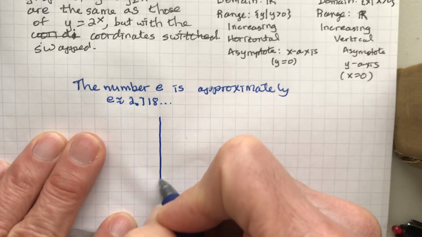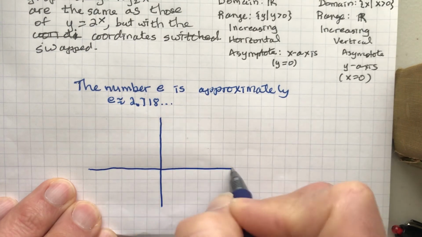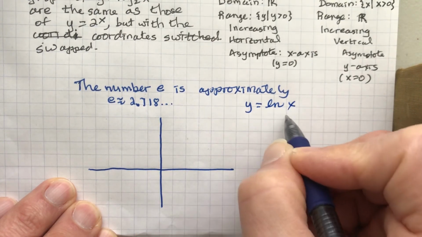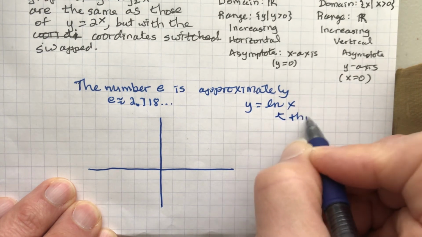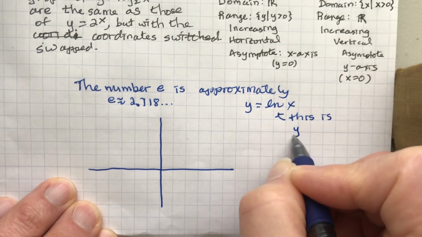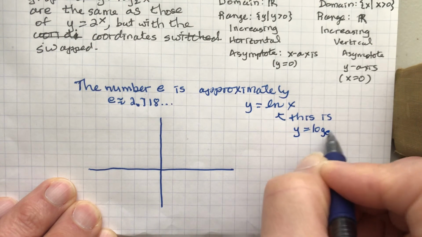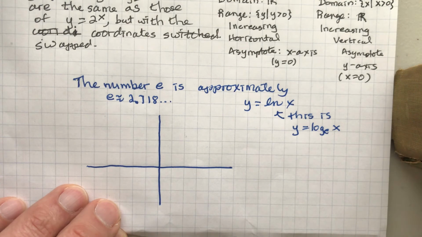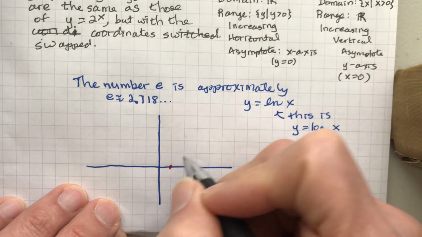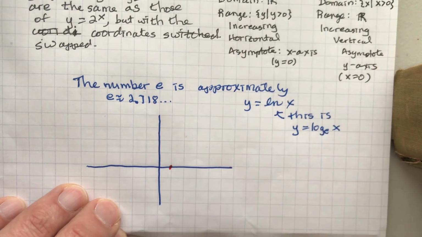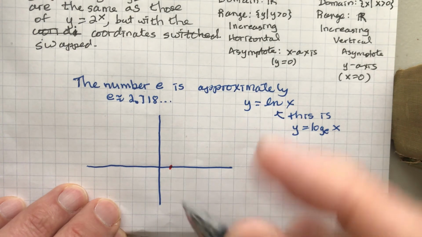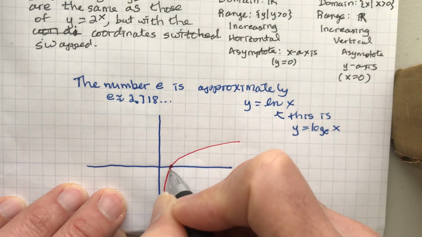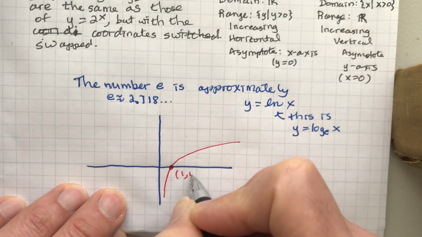But if I sketch y equals ln x, which is the same as log base e of x, it's really almost the same graph. And if I ever get stuck, I can sort of just do log base 2 of x as a guideline. It won't be exactly the same, but it's very similar. Okay, so what we're looking at is that we have (1, 0).